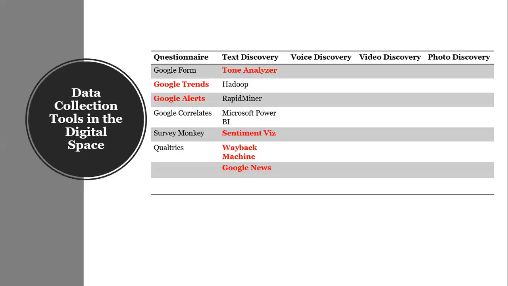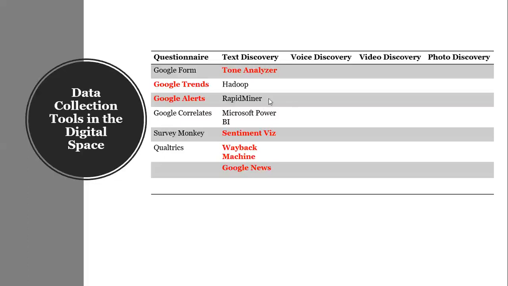Hadoop is used for data discovery at the scale of terabytes, using a network in your house. Basically, this one is used by big companies. It's not just something you lay your hand on and use. You must have a lot of money before you can use this particular software.